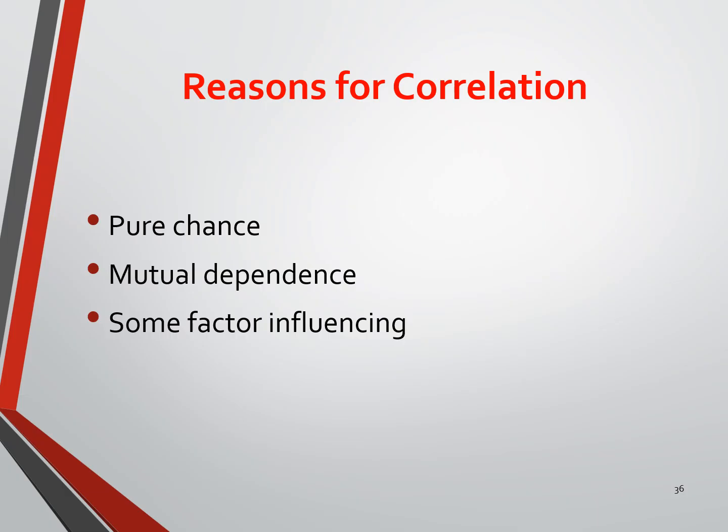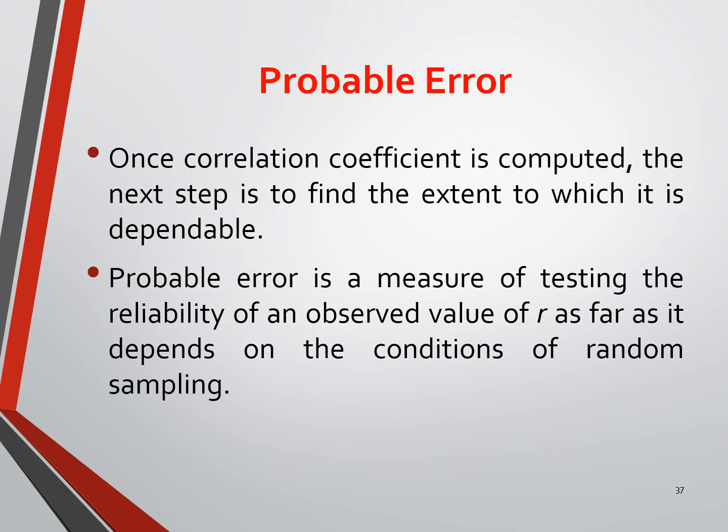Now, whenever samples are taken from the population and we calculate the correlation, there is a possibility of probable error. So once the correlation coefficient is calculated, we have to find out the probable error.